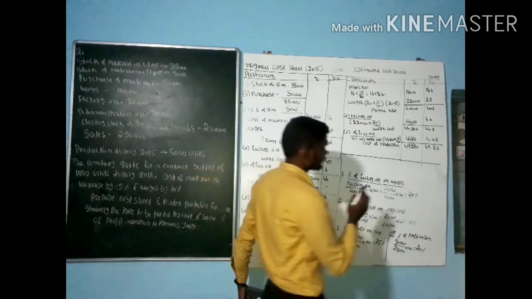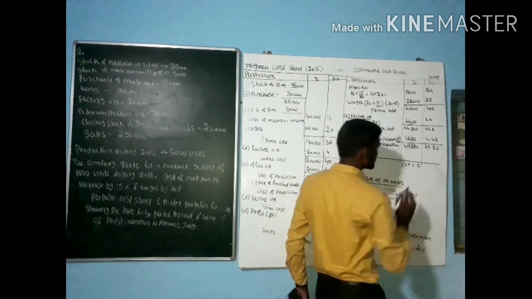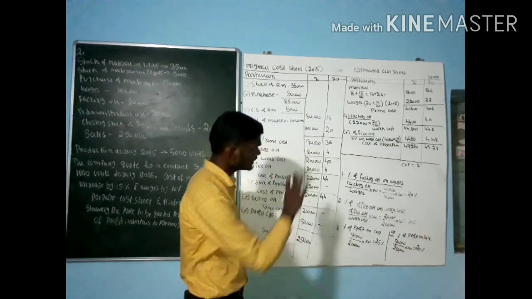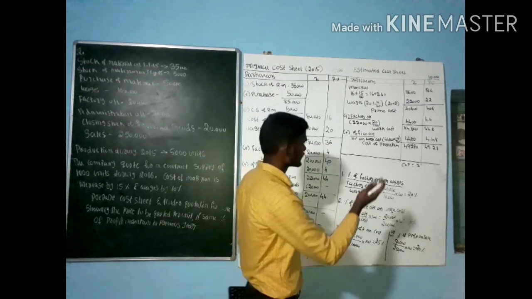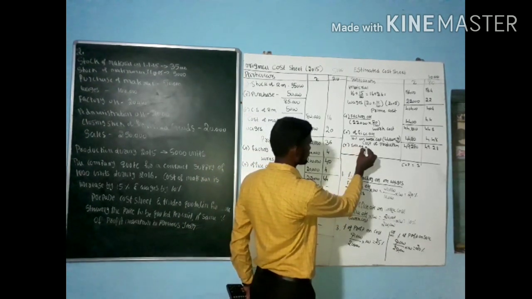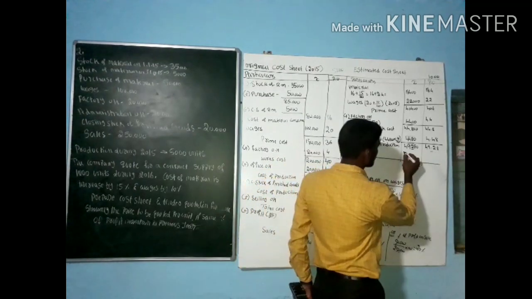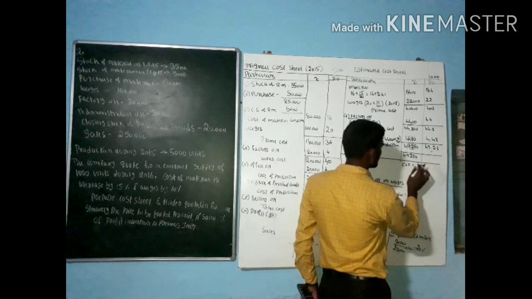See, I already told you the first one: cost plus profit equals sales. In the problem, whether they have given cost or sales here, there is selling overhead, so take it as nil. That is 49,280.